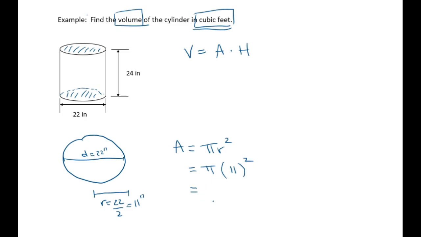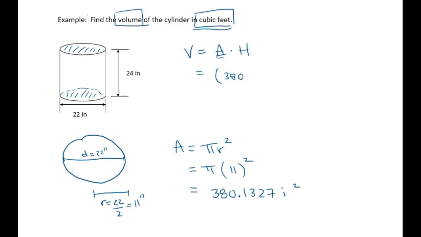Plugging that into my calculator, I end up getting 380.1327, etc. So again, keep as many decimal places as possible until the very end, and that is in inches squared. And then we can plug that into our volume formula.